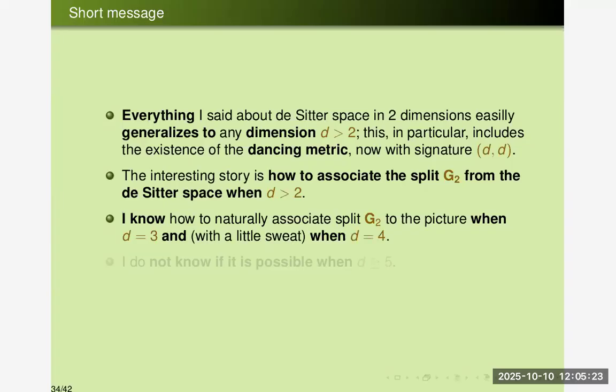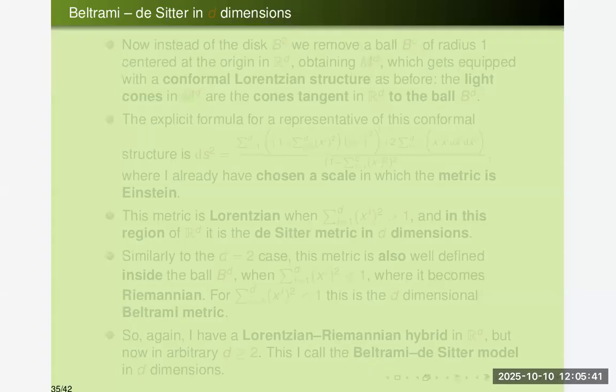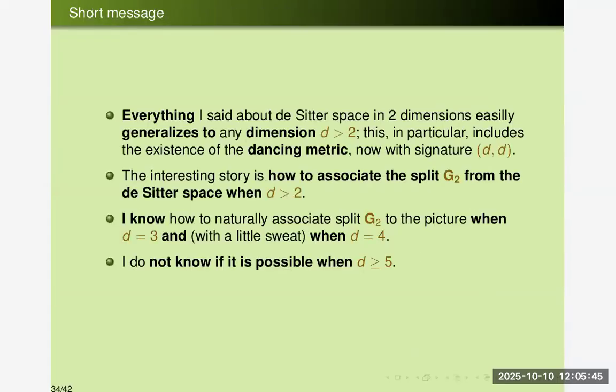And I also know, but really with a lot of sweat, how to do it when the dimension is 4, the physical dimension. So in dimension 4, I also can associate G2 to the de Sitter space. If it is possible for higher dimensions, this I don't know. Okay, I could stop here, but if I still have 1 minute, then I can tell you how to do it.